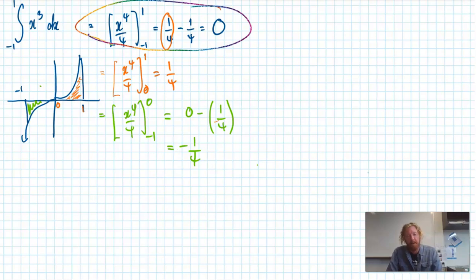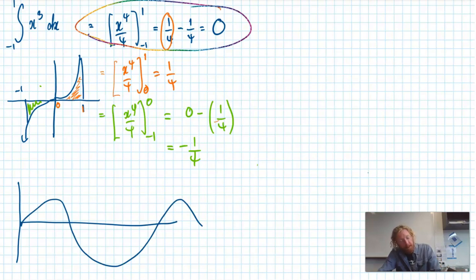Okay. Let's just look at it a bit more generally now. If I have some function, I'm going to call that f of x. Let's say this first region has an area of 1. This one has an area of, what, 3.5?